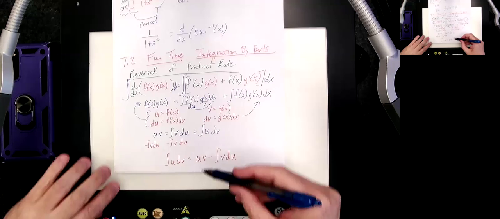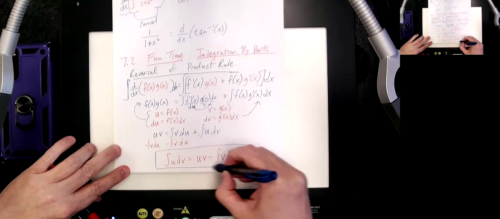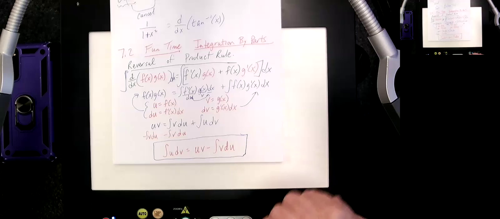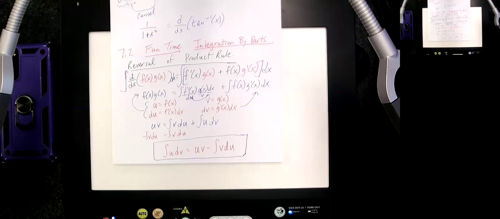This is integration by parts. The way you should memorize. This isn't actually undoing, well, we are undoing the product rule, but it's not a way to directly have a product rule and then go backwards.